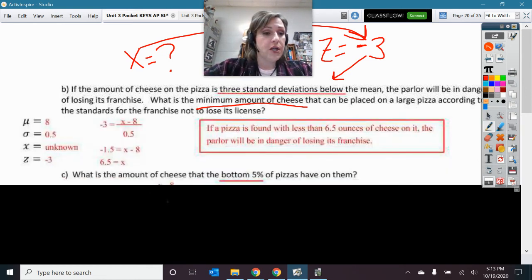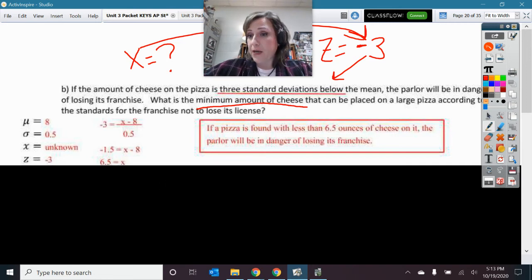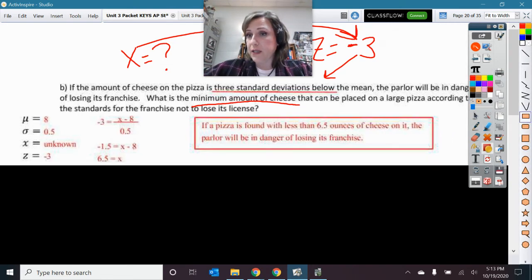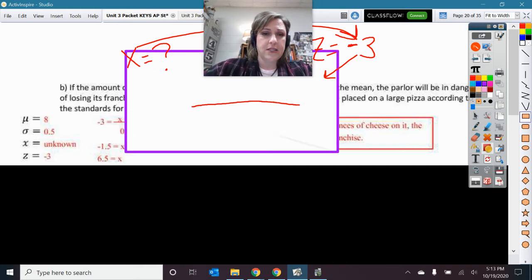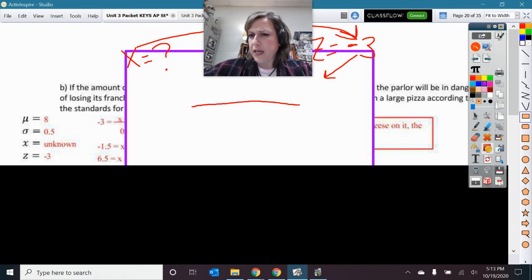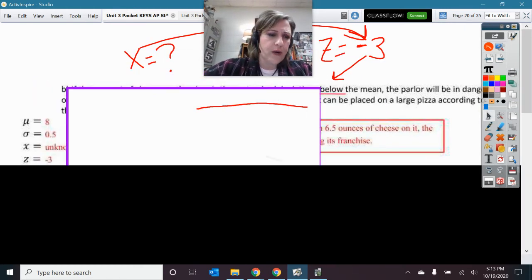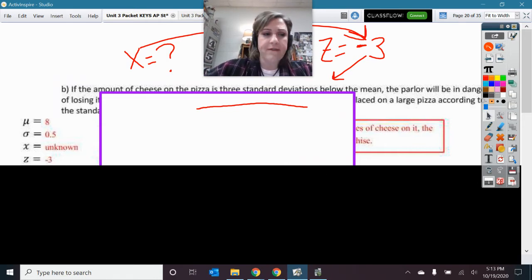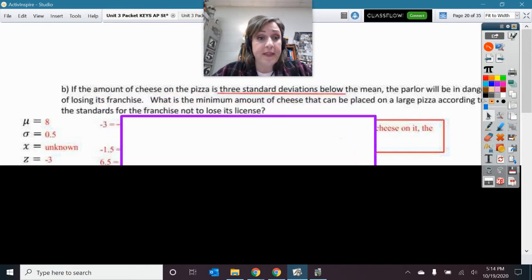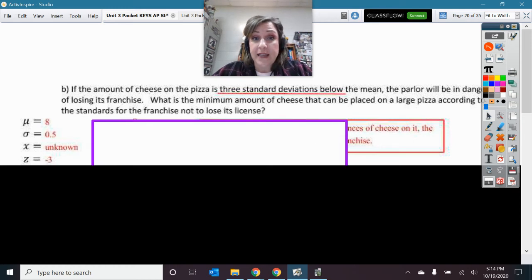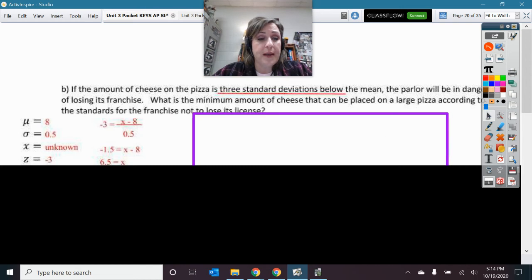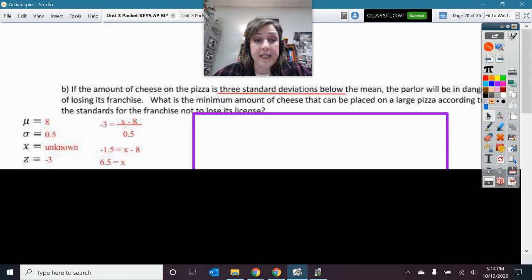Okay, so here's what I'm going to do. I'm going to come on over here, and I've got the mean is 8. The standard deviation is 0.5. Unknown is how many ounces of cheese. And remember it told me that it's 3 standard deviations below the mean, so that's why I know that my Z-score is -3.